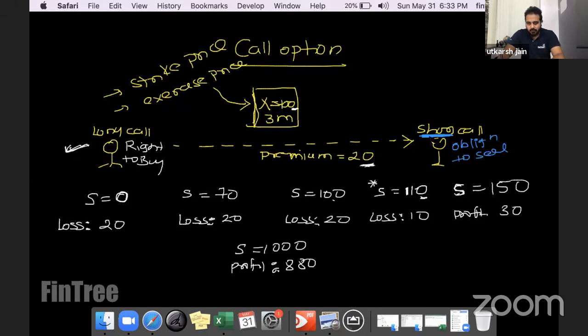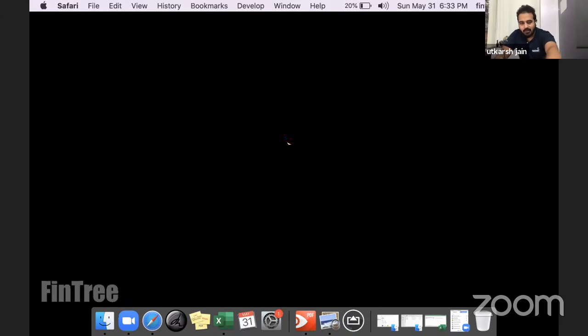So whenever you're supposed to answer from a short perspective, what I recommend is you always think from the long perspective and change the sign. So what does it mean? Ultimately, in derivatives there is a very important concept that you need to know: derivatives work on something called a zero sum game.